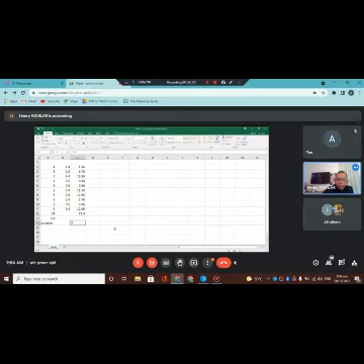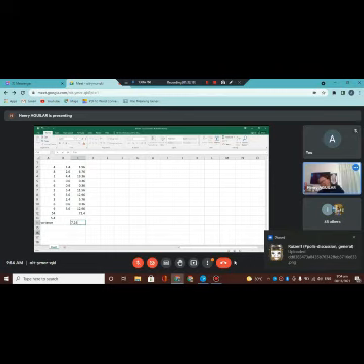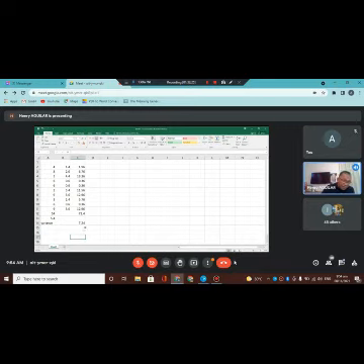More likely, what is commonly done when we talk about variance, especially for a sample, is we deduct 1 from the total number of scores that we have.